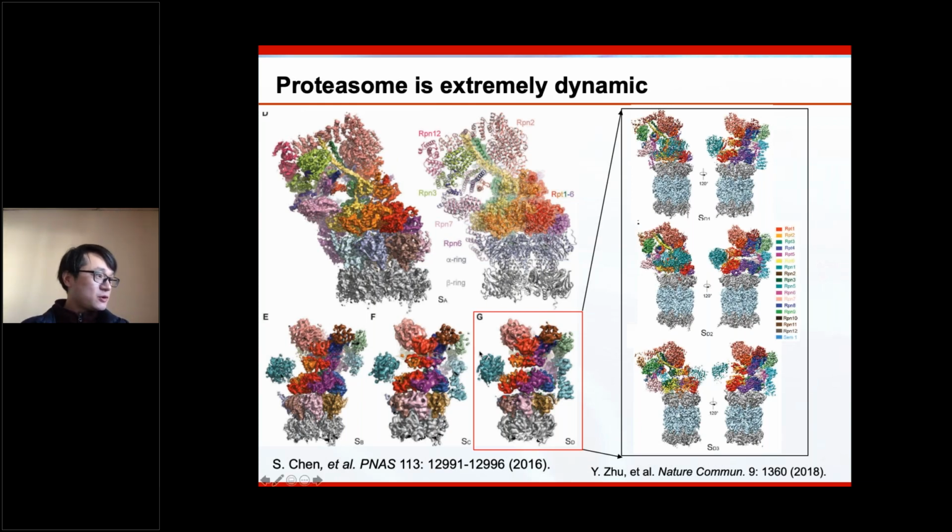Only state SD showed the open gate of the CP core particle. Then in 2018, we published another study by replacing ATP entirely with ATP gamma S. It turned out this SD state is not a single state; it's actually composed of at least 3 substates called SD1, SD2, SD3. These 3 states mainly differ in their ATPase motor module.